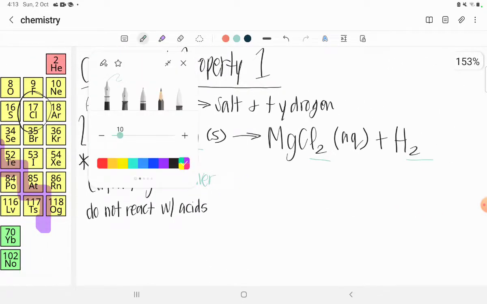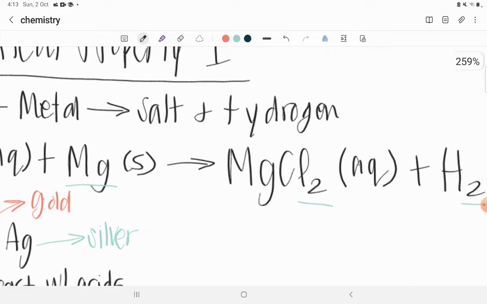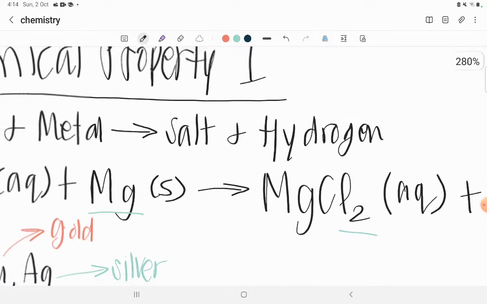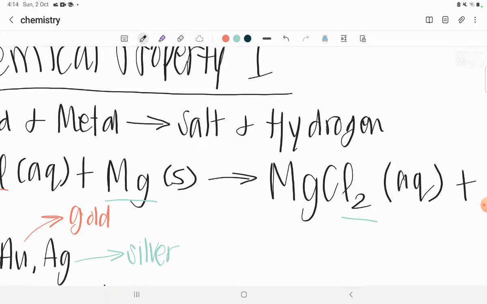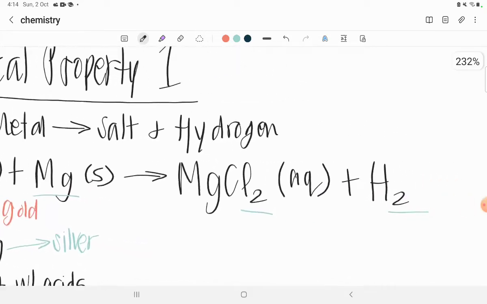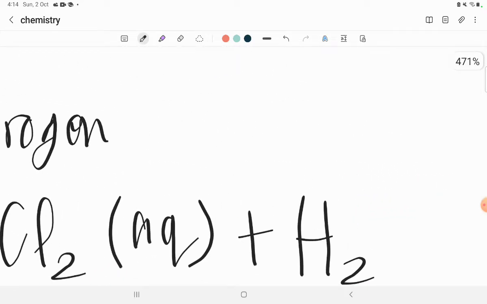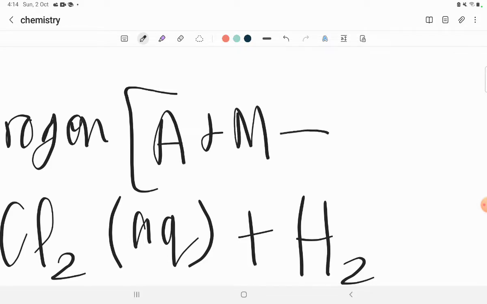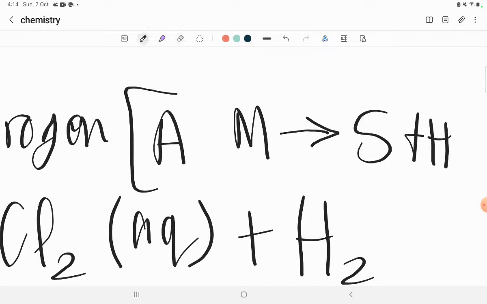Oh, and how do you remember this chemical property? You just put it in a short form. So A plus M gives you S and H. Make the plus smaller.